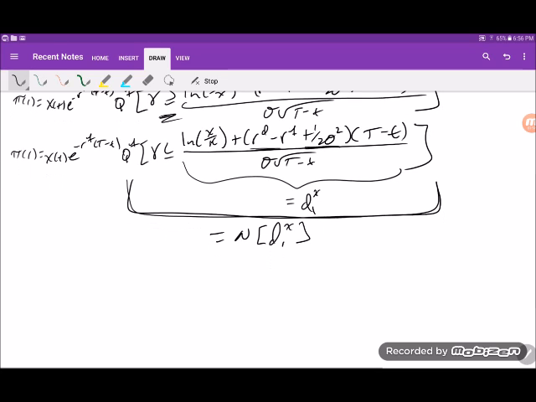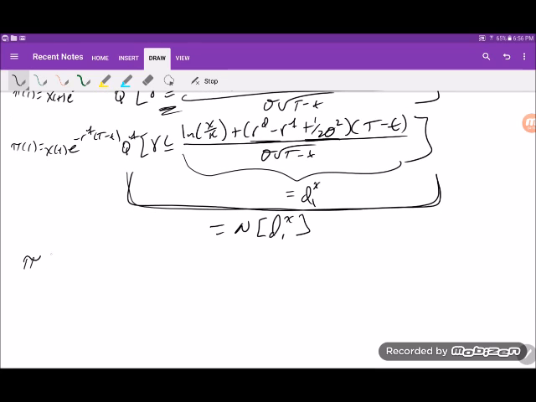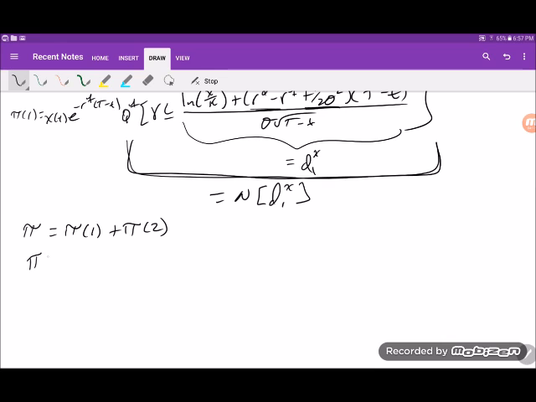So again, we said that the full pricing function pi was equal to the one that we have done for the first part plus the second part. Split those off into two components. We just figured out that the first part is equal to the initial value discounted at the foreign rate times N of d1.